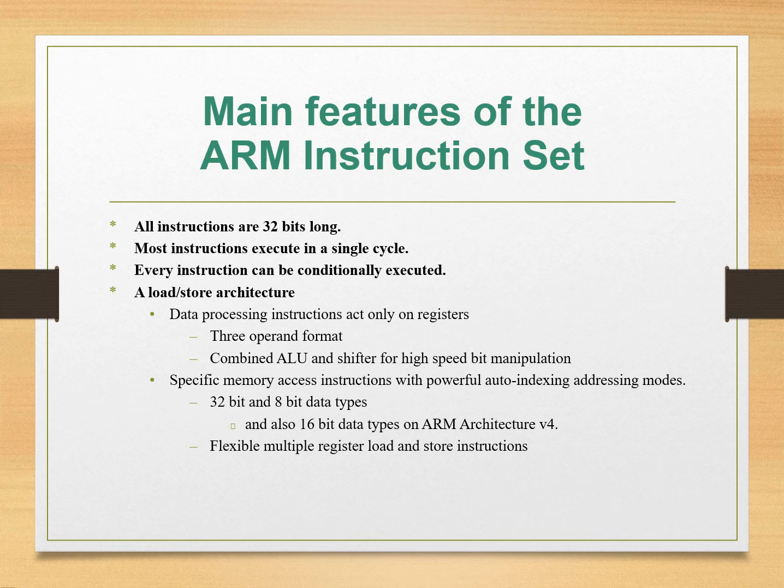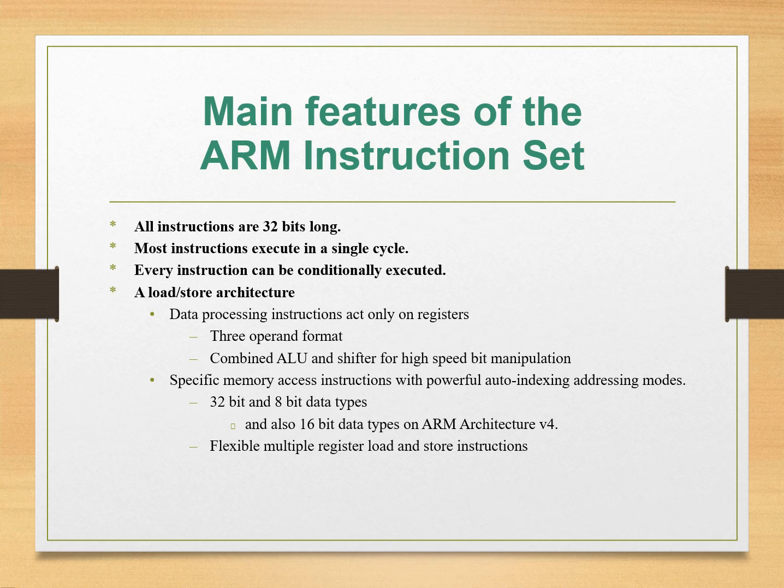There is a three operand format. You can have two or three actually. It combines the ALU and shifter for high-speed bit manipulation. We are going to look into the details of this. This is because of the 32-bit length, so you are limited. If you want to put a constant value, how can you put it within the instruction?